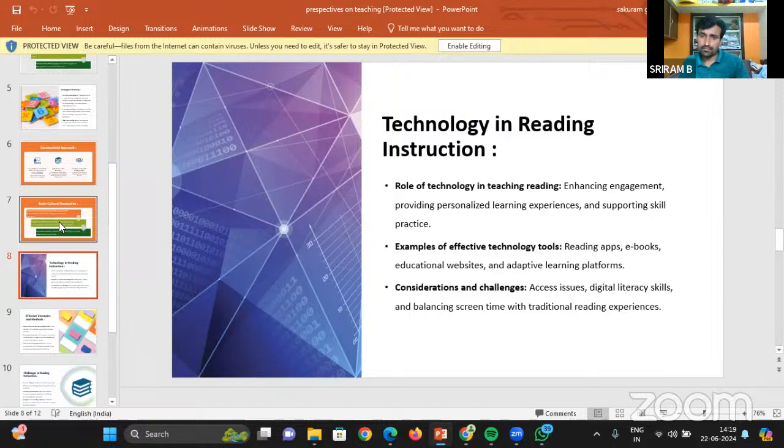Second, examples of effective technology tools: reading apps, ebooks, educational websites, and adaptive learning platforms. Third, considerations and challenges: access issues, digital literacy skills, and balancing screen time with traditional reading experiences.